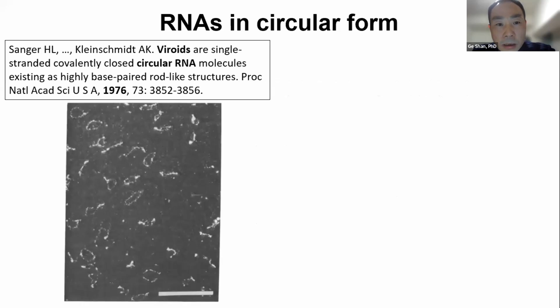So, basically in 1976, it was reported that in plant cells, something called viroids, circRNAs, are actually single-stranded, covalently closed RNA molecules. This is the first image of circRNA published in this paper. You can see in the electron microscope that they have this closed circular form.